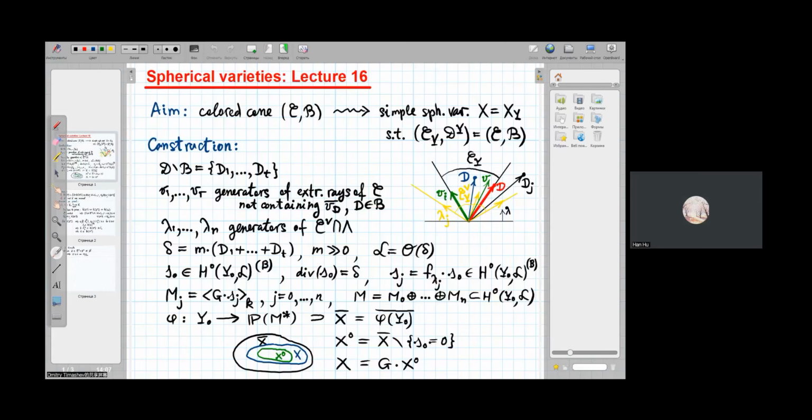We know that the value on here is positive, and the value on Sj therefore is greater than the value on S0, because it is the sum of the value on here and on here. So the value on here is greater than the value on here because the value on here is positive. Okay.